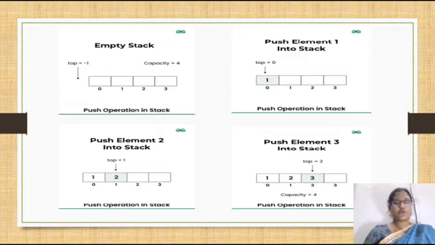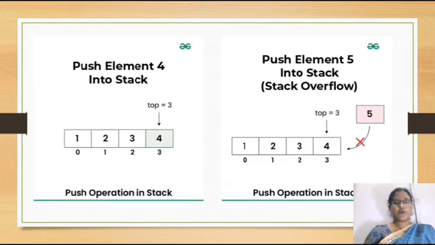Then push element 2 into the stack, so 2 is in the first position, and then 3 is stored in the second position. Then element 4 in the third position. The stack has only 4 elements, so next we cannot insert the element 5 into the stack. This condition is called stack overflow. So 5 cannot be inserted because the top value is 3 here.